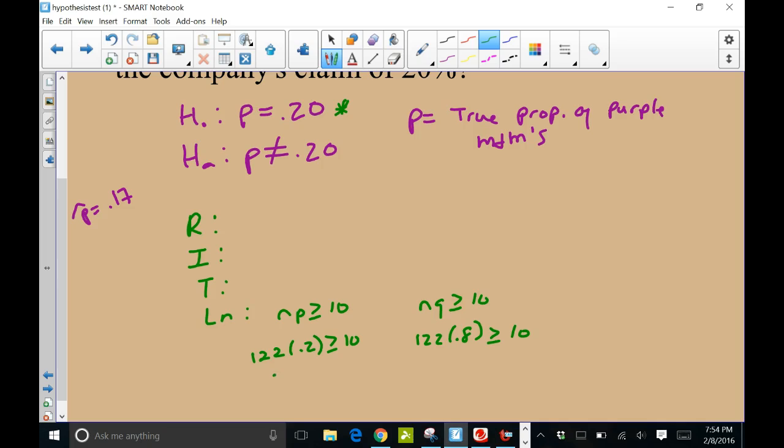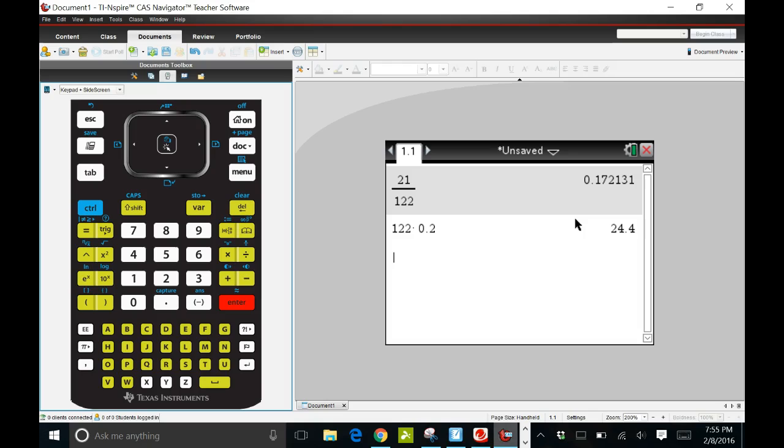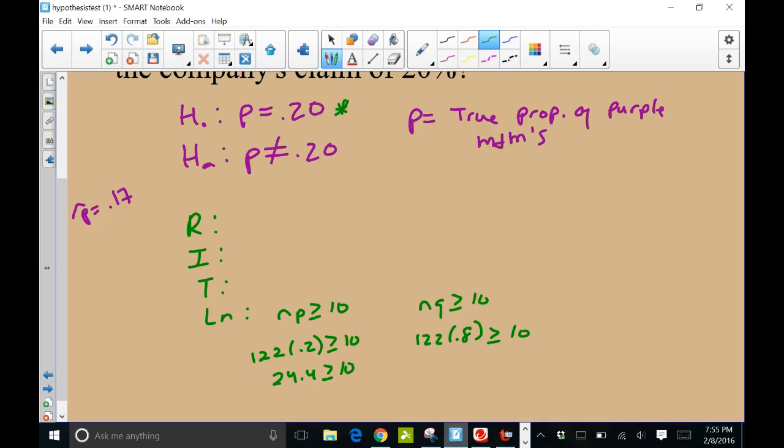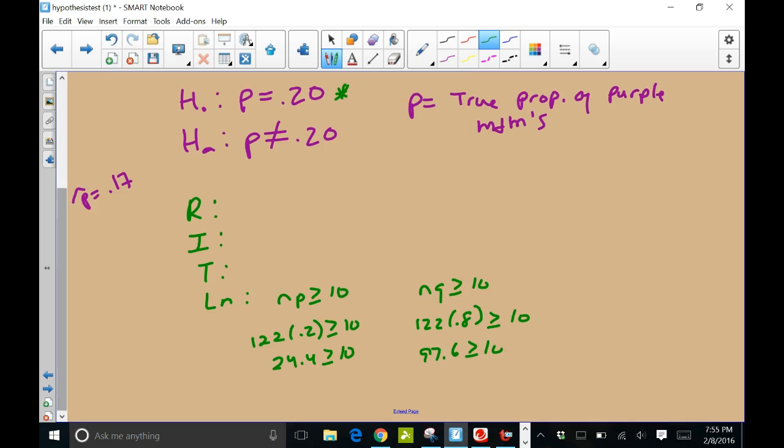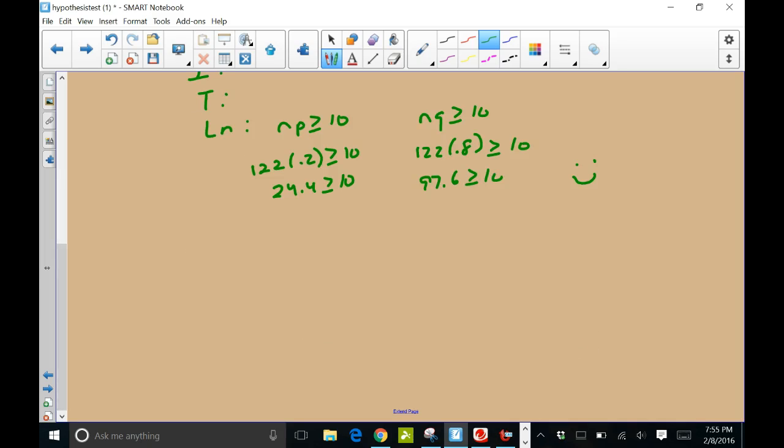So that's 24.4 is bigger than 10. And then on the other side, 122 times 0.8 is 97.6. Bigger than 10. So I smile right now. My conditions have been satisfied, and now I go to the mechanics.